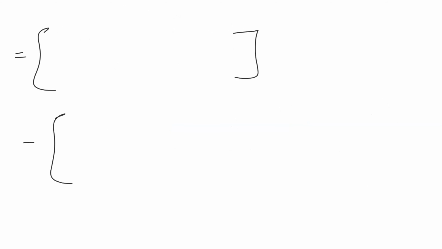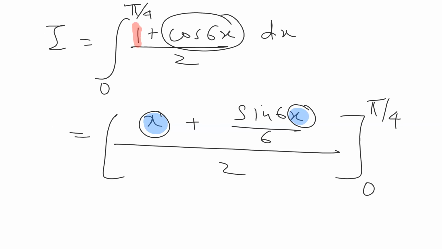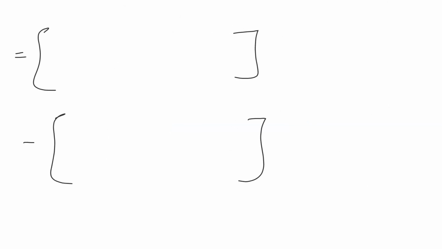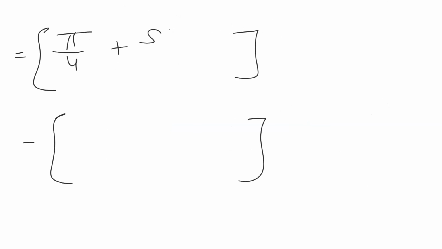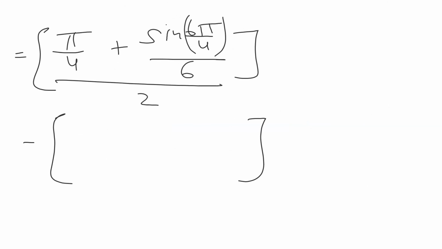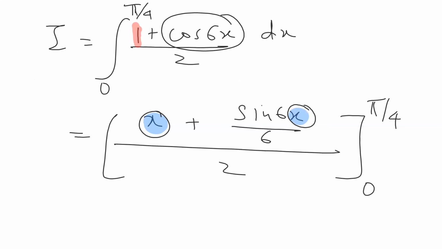In the first box, x will be replaced with pi by 4 plus sine 6 pi by 4 upon 6, all by 2. And in the second box, x is 0.